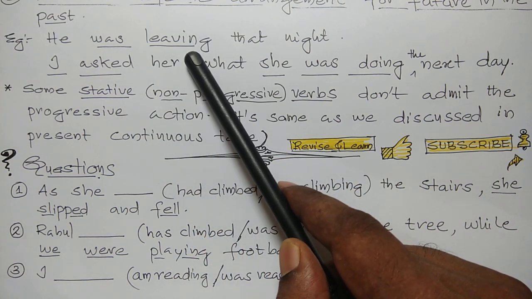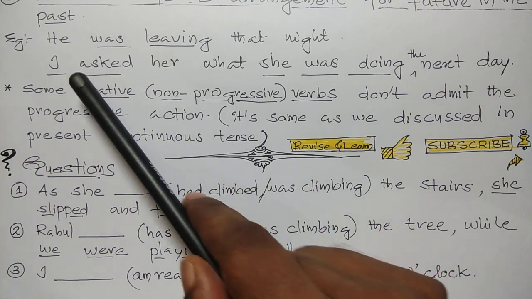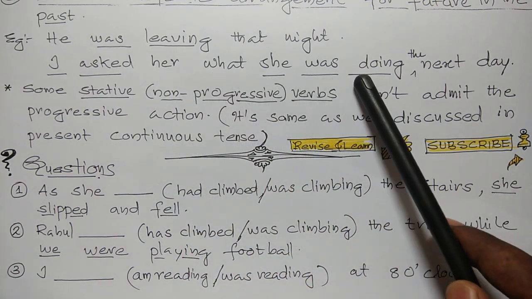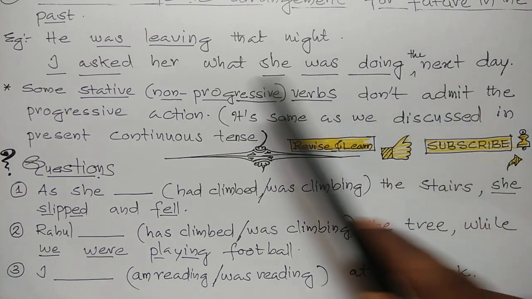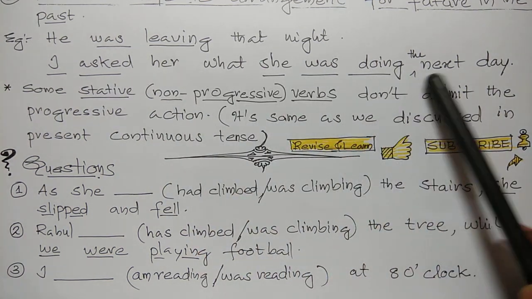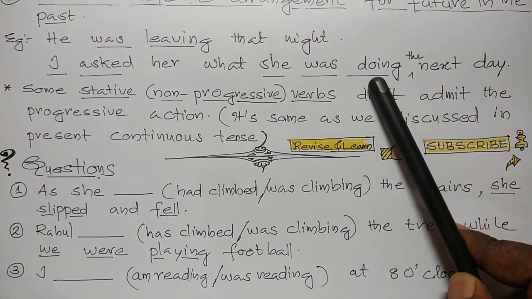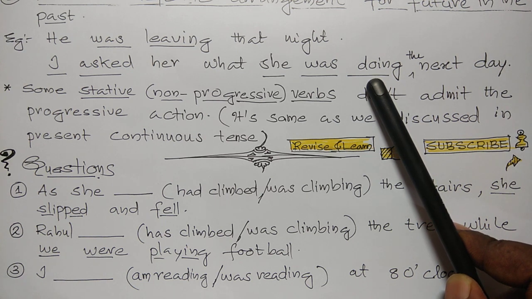He was leaving. So here also we use past continuous tense. I asked her what she was doing the next day. She was doing is in past continuous tense. So this is a definite arrangement for the future in the past.